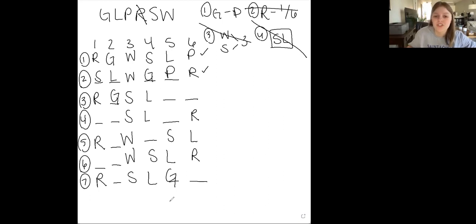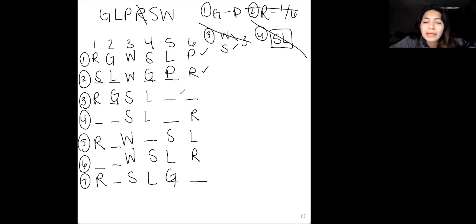Okay, so if we've placed G in 2 and 5, what has to happen in number 3 with our P and W? So for P, it can go in 5 or 6. And so that means that we would have to create another world, right?